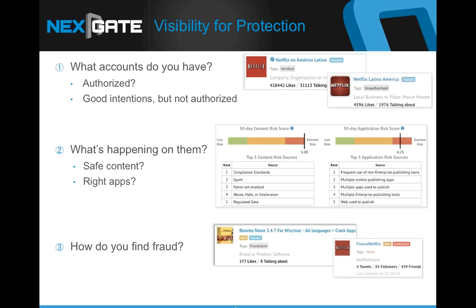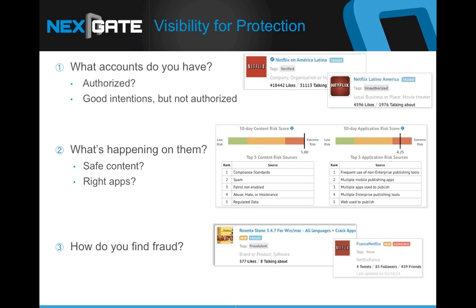So being able to figure that out and assess content and apps and give yourself a risk assessment on that front, and then taking the next step and being able to act on that, which we'll talk about in a second, is a critical piece. But also importantly, because it's so easy to commit fraud on the social web, it's so easy to create a fake account, while you're systematically looking for your accounts, whether they're authorized or unauthorized, you also want to find fraudulent accounts.